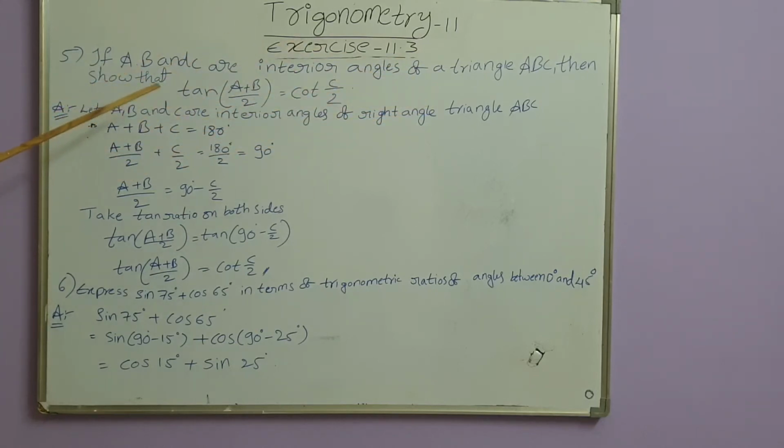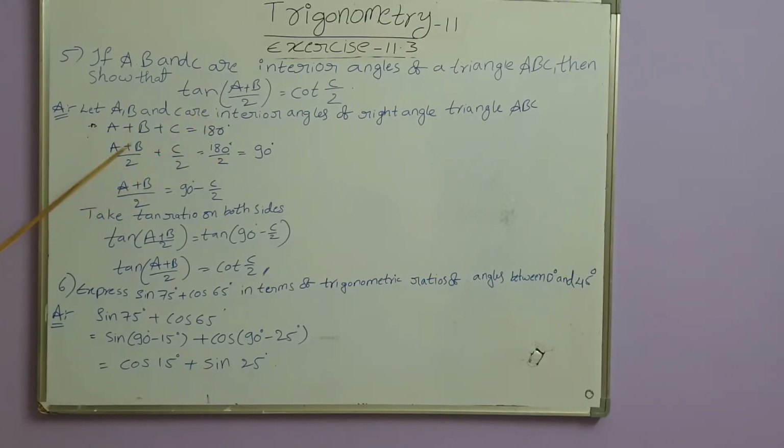In this fifth question, if A, B and C are interior angles of a triangle ABC, then show that tan of A plus B by 2 is equal to cot C by 2. Here, let A, B and C be the interior angles of triangle ABC. A plus B plus C is equal to 180 degrees. We know that these three angles sum to 180 degrees.